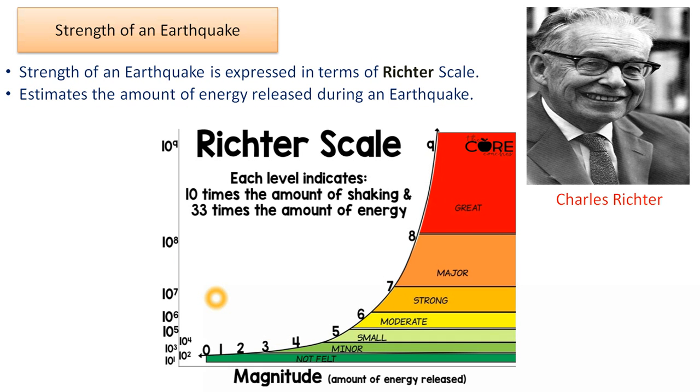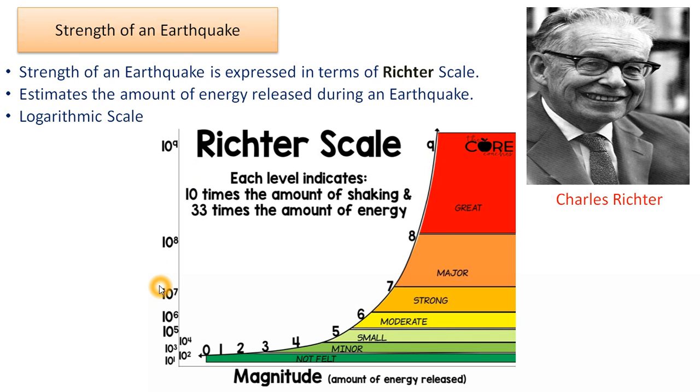So on the y-axis, we take the amplitude, suppose x, and on the x-axis, we take log base 10 of x, because here it is the logarithmic value. That is why the Richter scale is also called a logarithmic scale.